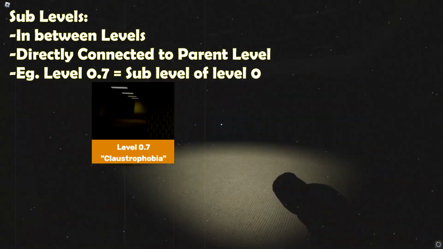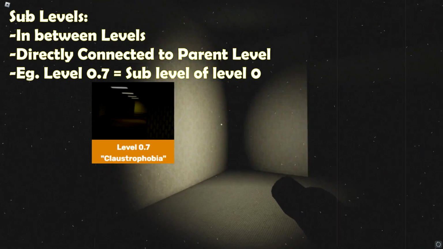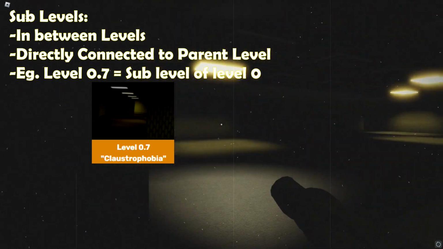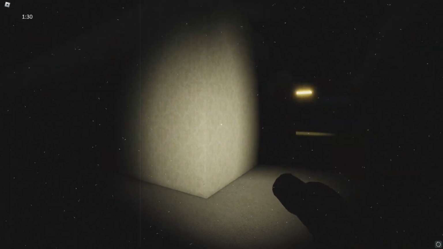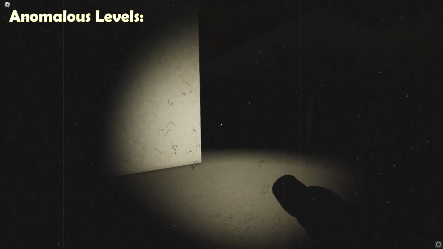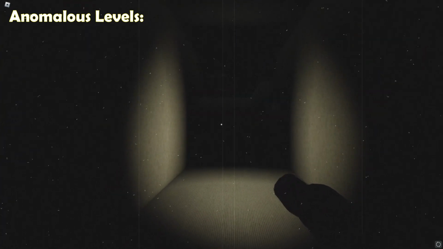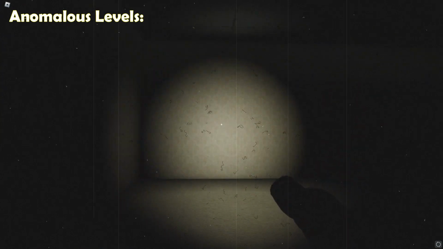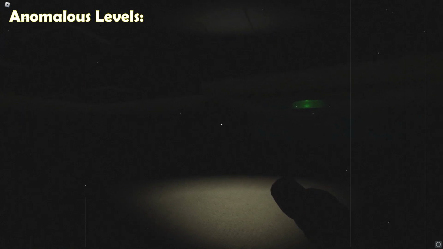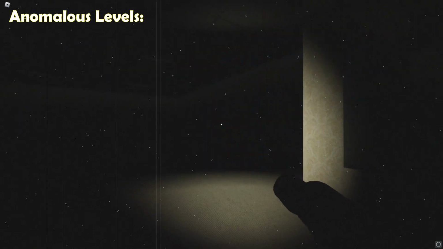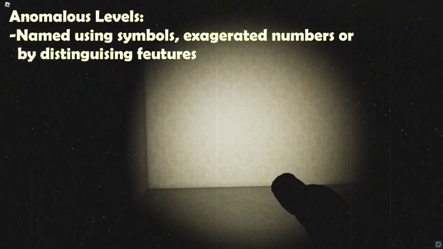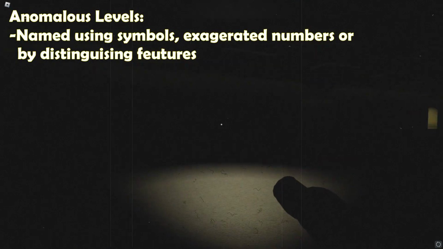Each sub-level normally has a completely different tone, so if there are multiple sub-levels for one level, they will be completely different from one another. The next type of levels are anomalous levels, and since they are mysterious in nature, they can't really be described by number, and since there are no definitive dates of discovering these levels, they are normally named by symbols, exaggerated numbers, or the level's most distinguishing feature.